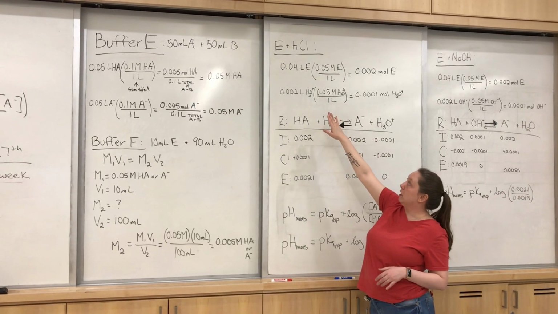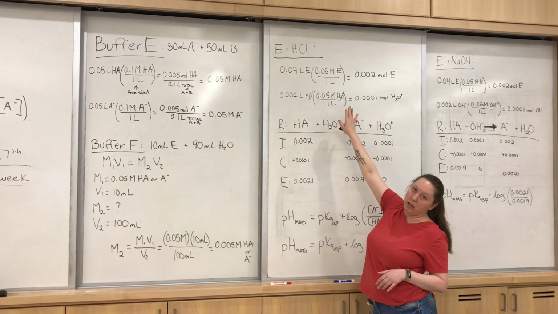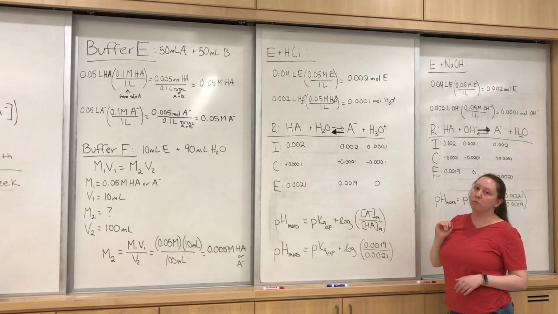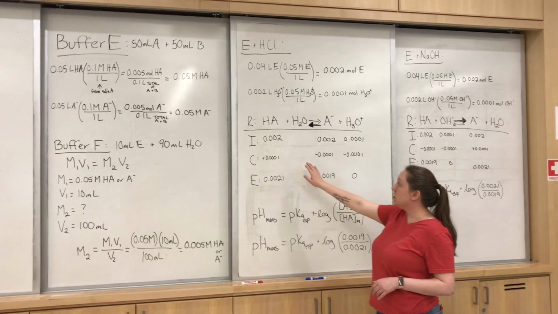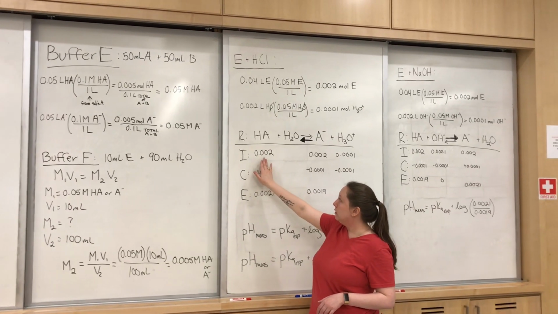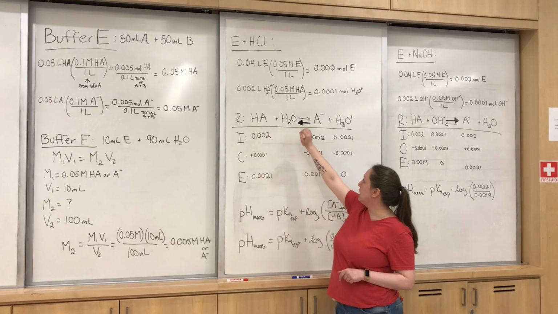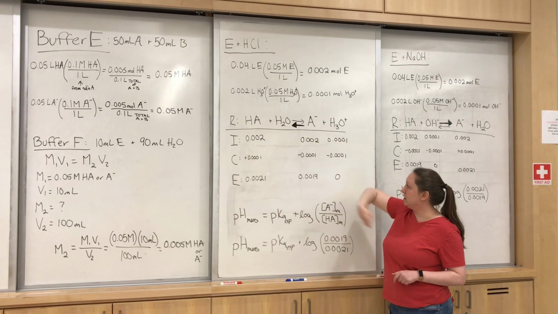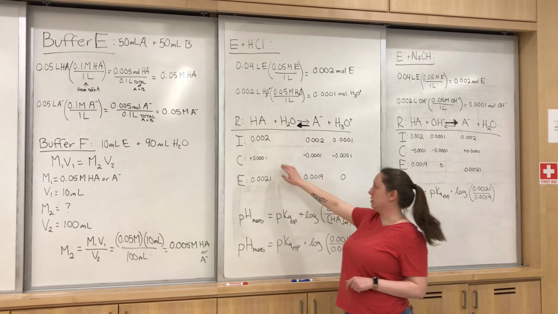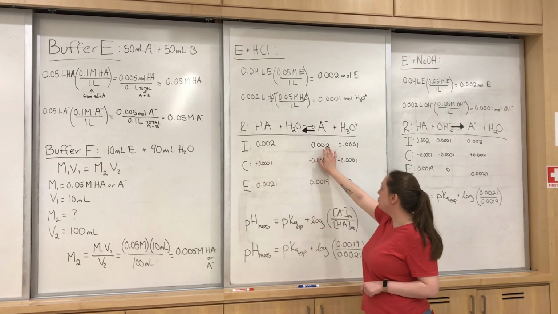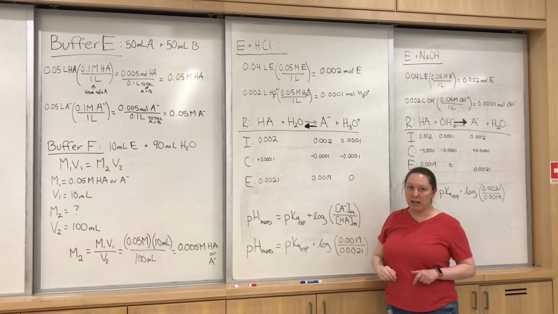So 0.04 liters times our 0.05 concentration gives us 0.002 moles. So in our ICE table, we have our reaction: HA plus H2O makes A minus and H3O plus. So we're starting with 0.002 moles of HA and 0.002 moles of A minus.